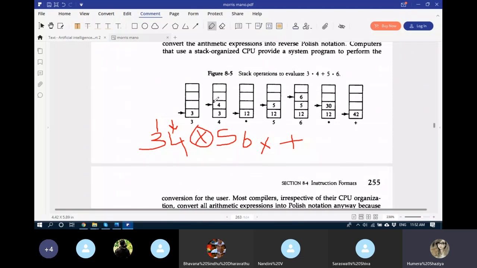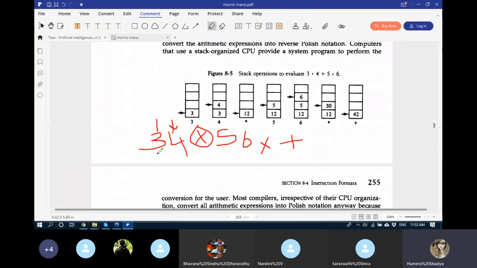So first 2 elements are popped off the stack, and whatever operator it has encountered, that operation is performed on these 2 values which have been popped from the stack, and you get some result, right? Then that result is pushed into the stack.